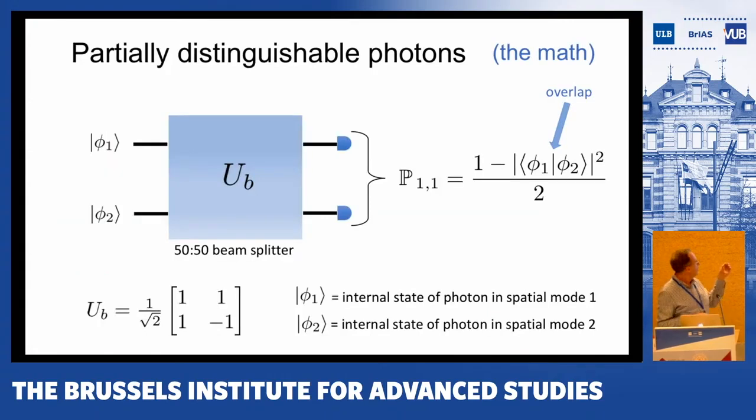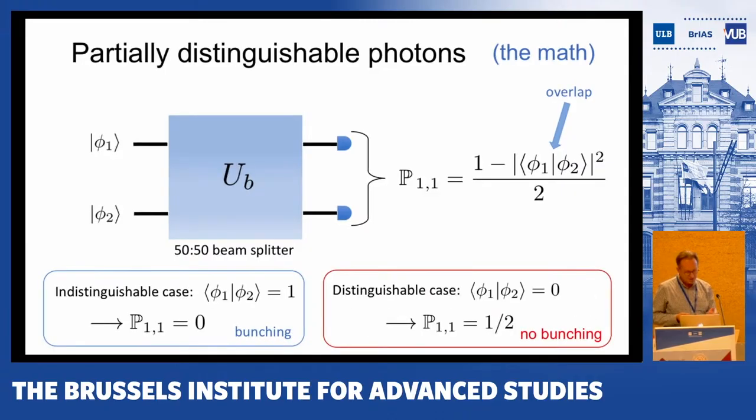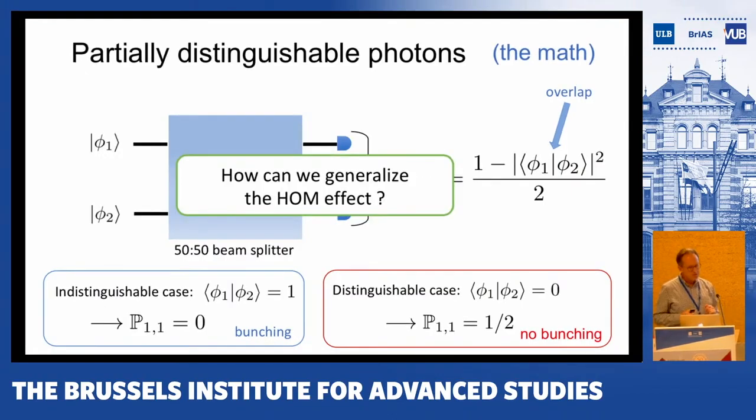You may actually assign a wave vector to the internal state, as it is called, of each of the two input photons, phi1, phi2, and then the coincidence probability is a simple function of this overlap, right? So if the overlap is 1, of course, this means that they are perfectly indistinguishable, then you will have a 0 coincidence. And on the other extreme case, if they are completely distinguishable, if the overlap is 0, then you will have 1/2 probability. Okay. So all this is well known. That was just my introduction.